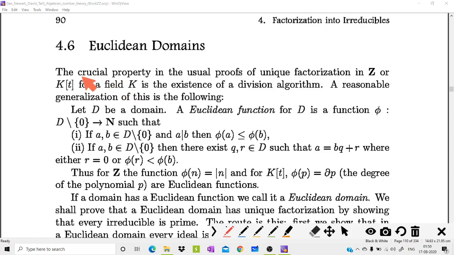Let us discuss section 4.6, Euclidean domains.